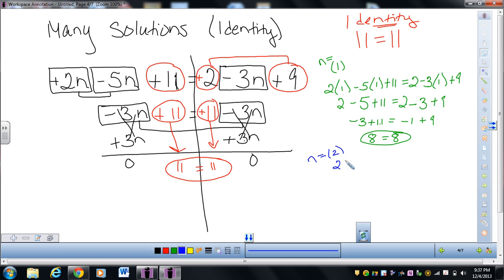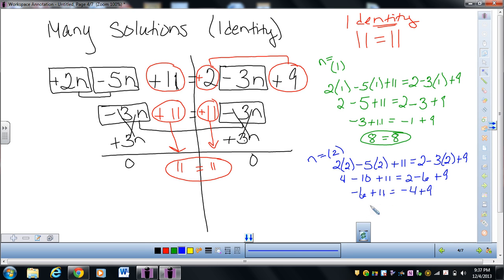So we'll say 2n, which we said was going to be 2 this time, minus 5n, which we said was going to be 2, plus 11 equals 2 minus 3n, which we said was going to be 2, plus 9. 2 times 2 is 4, minus 5 times 2 is 10, plus 11 equals 2, negative 3 times 2 is negative 6, plus 9. 4 minus 10 is going to be negative 6 plus 11. 2 minus 6 is going to be negative 4 plus 9.